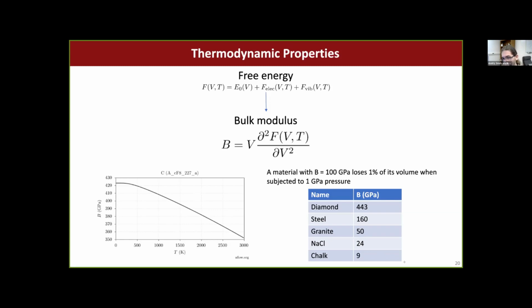The higher the bulk modulus is, the more stiffness your material has. As you know, diamond is a very stiff one. For example, if you look at chalk or regular salt, you see the bulk modulus is really small. And again, here is an example of a plot of bulk modulus with temperature for our diamond structure of carbon.